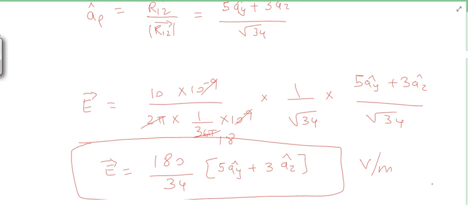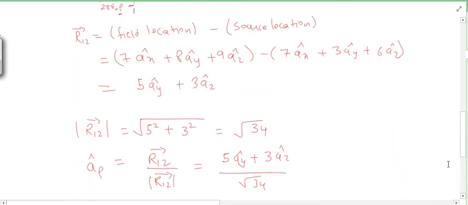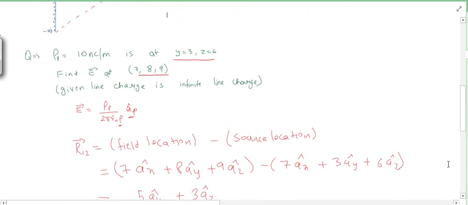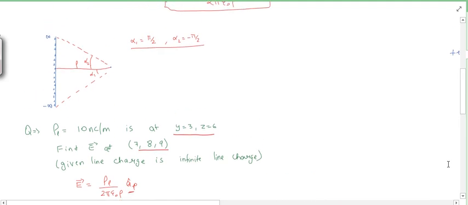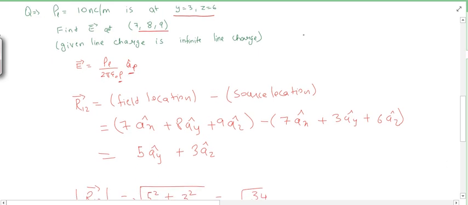Here, when we were finding R12, you can also note that if the line charge is parallel to the x-axis, the value of x won't matter for the field location, because we will be taking the equal value anyway.